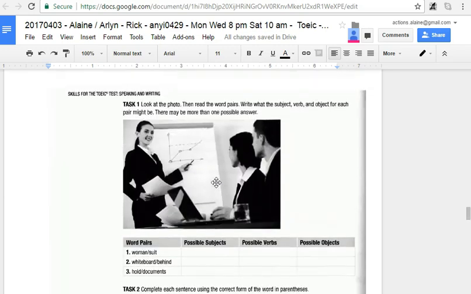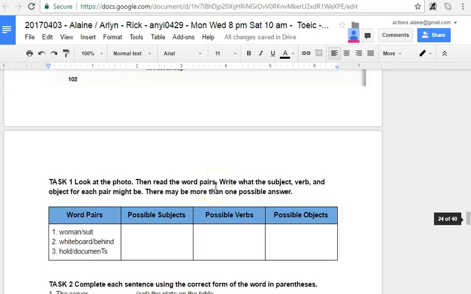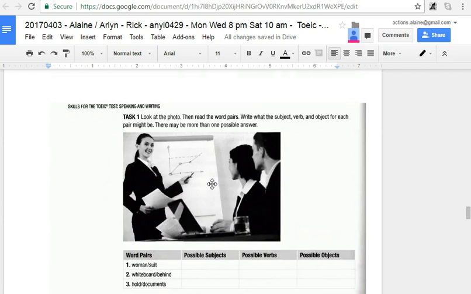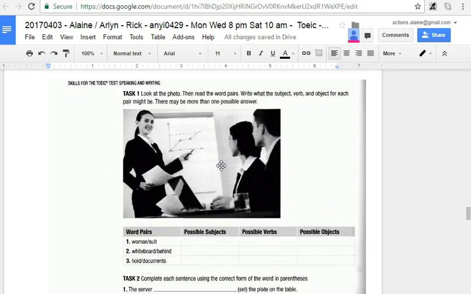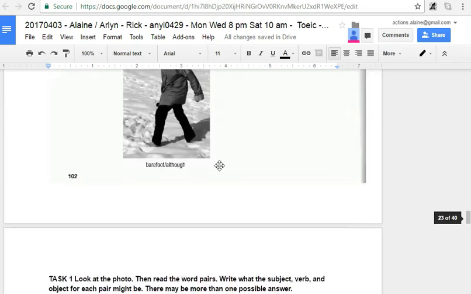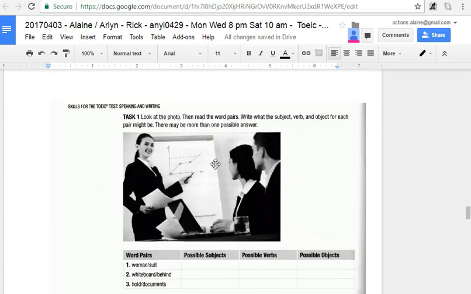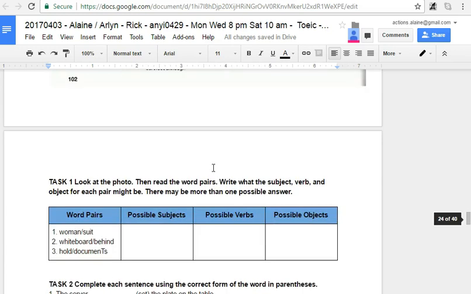Now, let us do this. Can you please see page 23 for task 1? You can see there a picture, right? For that one, basing on the picture, let us do task 1 on page 24. Again, look at the photo, then read the word pairs.